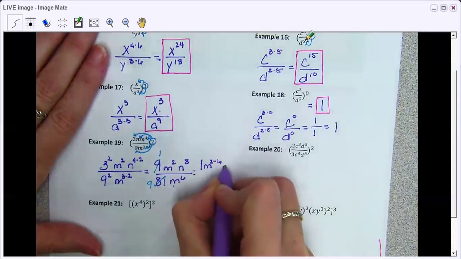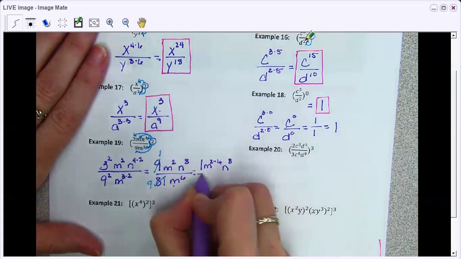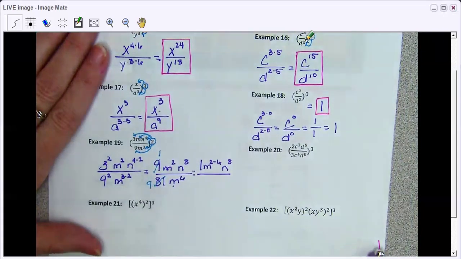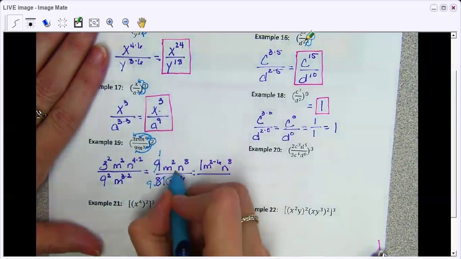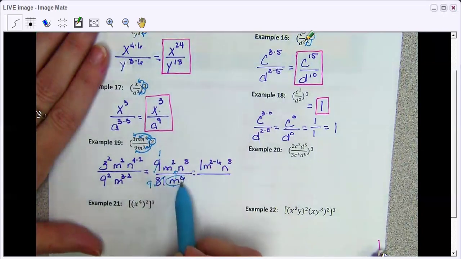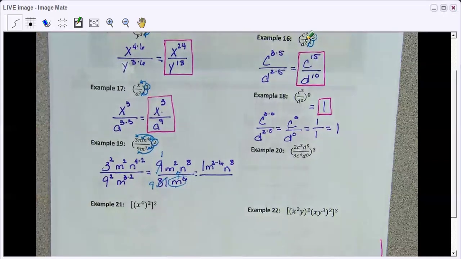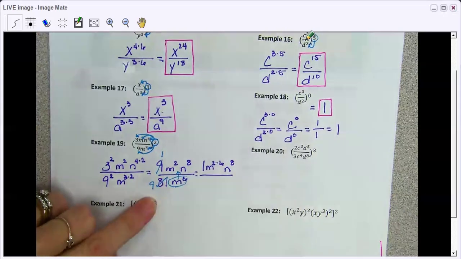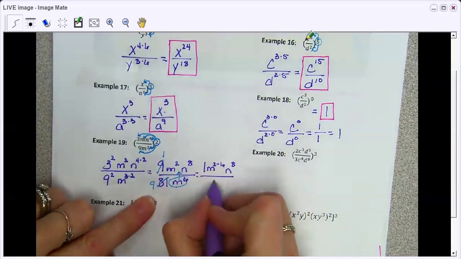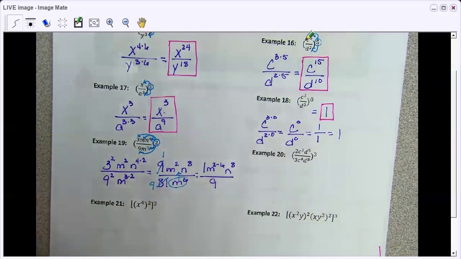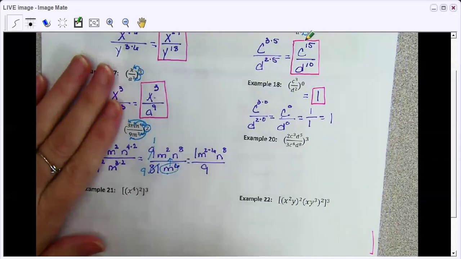And then I have n to the power of 8 all over 9. I moved this up to subtract it. Now, some of you already know that when you subtract it, it's going to be a negative and you leave it down here. That's fine. But if you don't see that right away, you can follow the steps that I'm doing. So 9 goes on the bottom. Now, if you need to pause the video because you need to think about this, I know that I'm going a little bit quickly, you can do that.